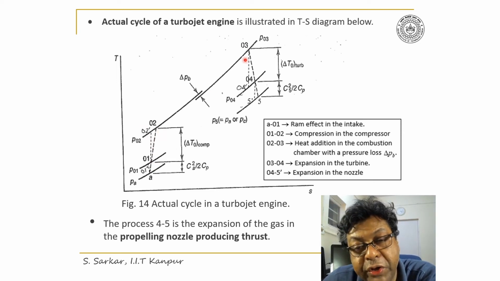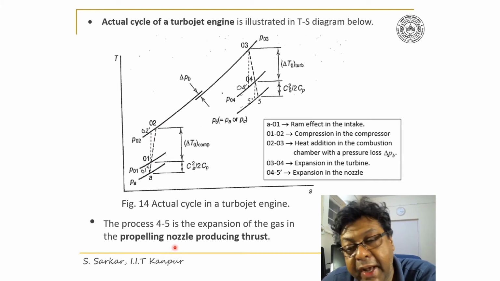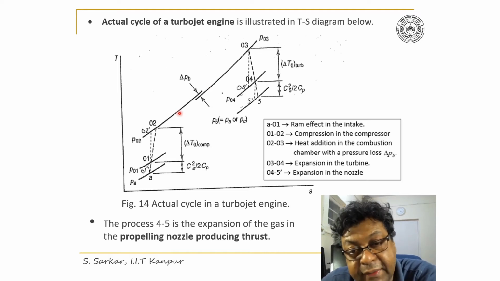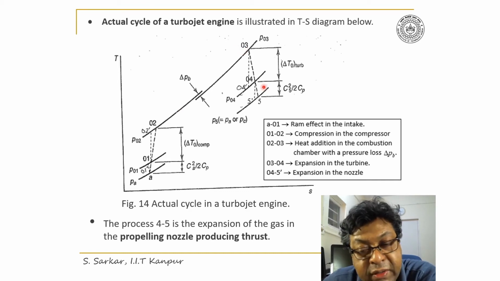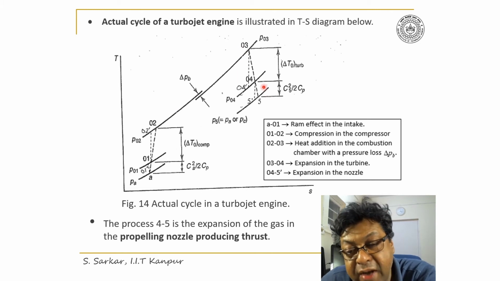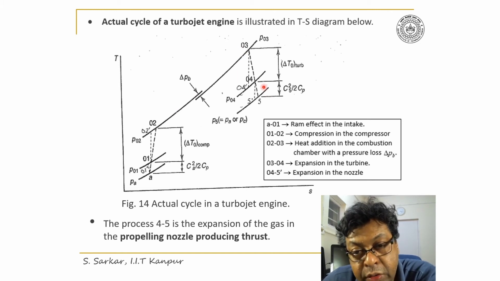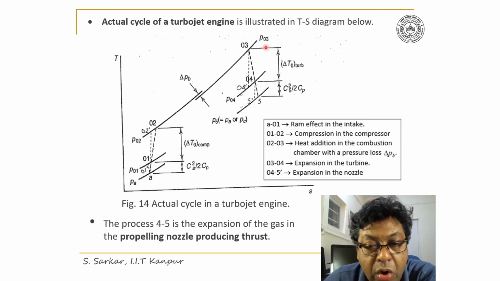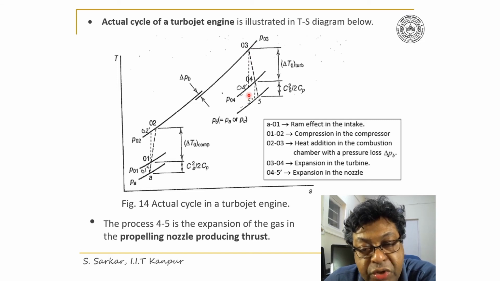Now 02 to 03 represents the heat addition in the combustion chamber with a pressure loss delta PB, and 03 to 04 indicates expansion in the turbine, where the temperature drop is given by delta T0, and the corresponding isentropic expansion is 03 to 04 dash.